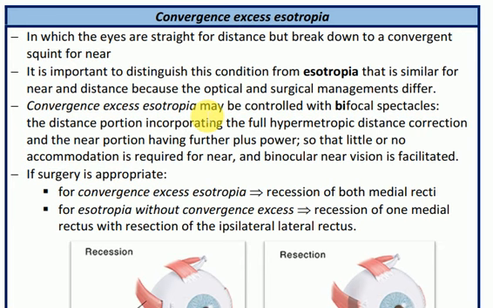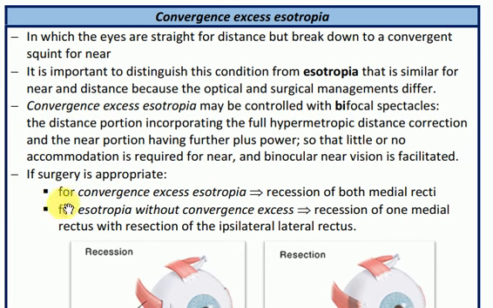Convergence excess esotropia may be controlled with bifocal spectacles. The distance portion incorporates the full hypermetropic correction, and the near portion has further plus power so that little or no accommodation is required for near, and binocular near vision is facilitated.